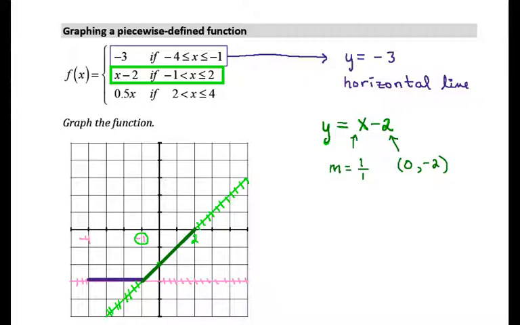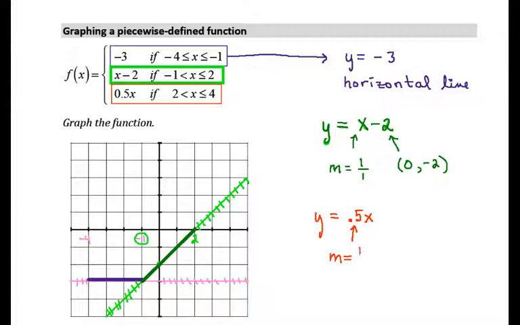Now I'm going to look at the last one. Let's go ahead and use red for this one. And I'm going to write that as y equals, same thing again, y equals 0.5x. This is going to be a little bit easier for me to work with if I think of that as a 1/2.